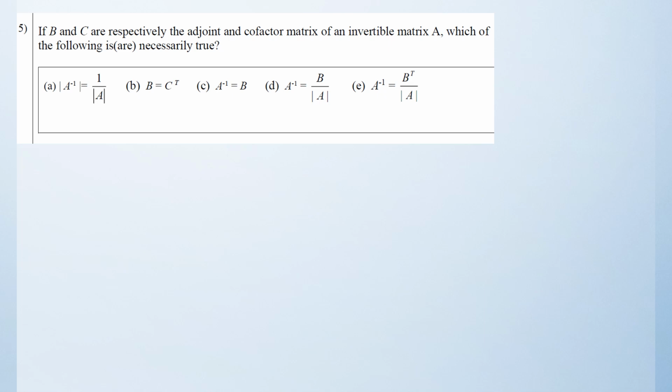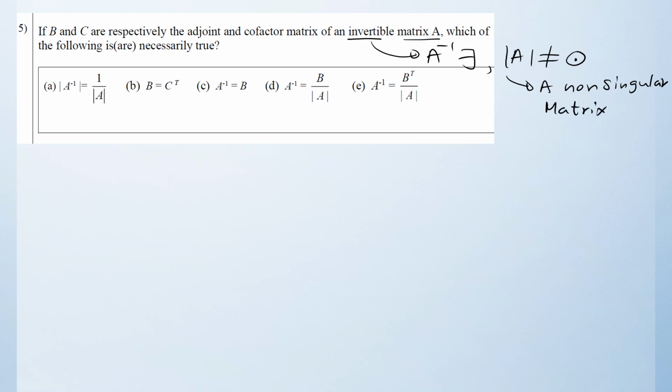Question number 5. We have an invertible matrix capital A. Invertible means A inverse exists, so we know that determinant A should be non-zero. Also, A can be known as a non-singular matrix, since the determinant is non-zero and A inverse exists.